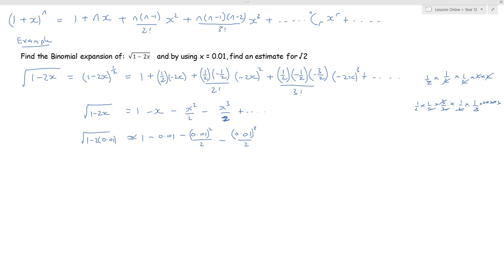Okay? So now we can work these questions out. We got 1 minus 0.02, so that's the square root of 0.98. That's approximately equal to 1 minus 0.01 minus, we've got 4 zeros, 0.00005, and here I've got 6 zeros, 0.00005.